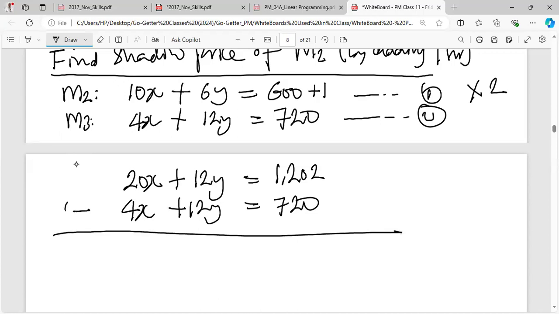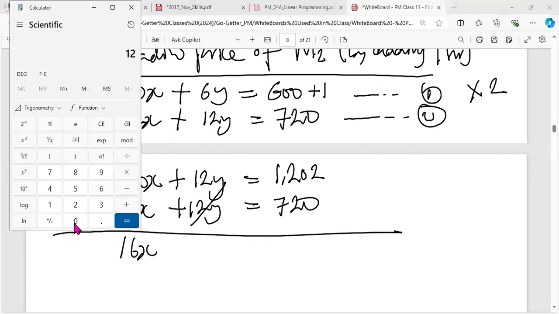Now I will still minus. This will still give me 16x. This will become 0. But now, what will this give me? It will now have an addition of 2. 1202 minus 720.